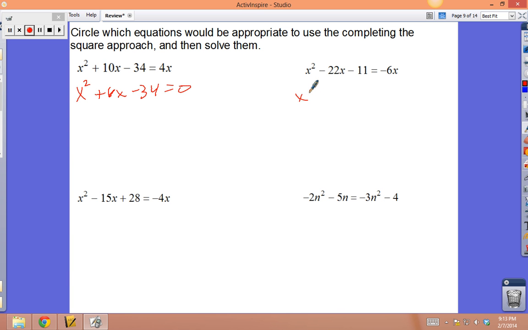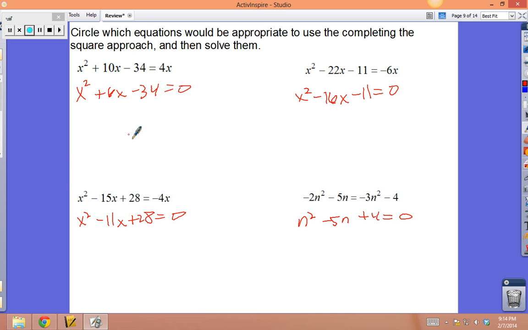This one is x squared plus 6 plus 6, that's 16x minus 11 is 0. This one is x squared minus 11x plus 28 is 0. And this one is n squared minus 5n plus 4 is 0.